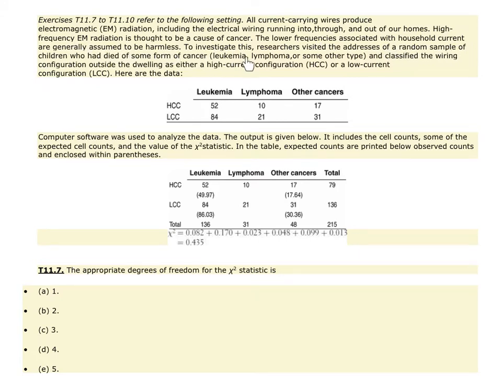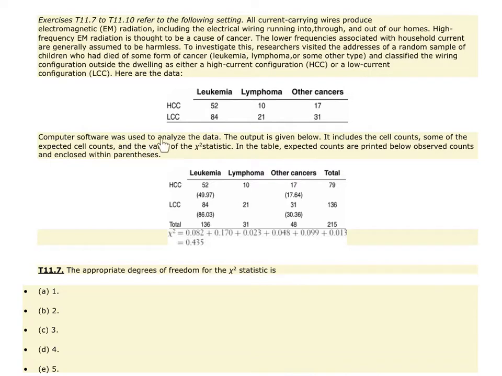To investigate this, researchers visited the addresses of a random sample of children who had died of some form of cancer, leukemia, lymphoma, or some other type, and classified the wiring configuration outside the dwelling as either high current configuration, which is HCC, or low current configuration, LCC. Here's the data. So what we're seeing here is there's 3 responses of the 2 different types of wires.